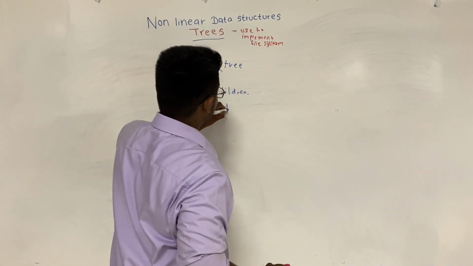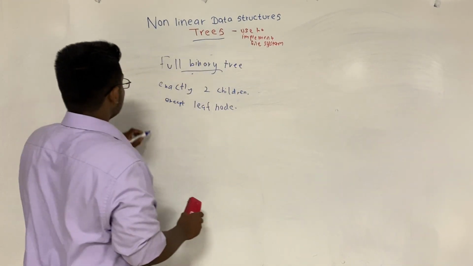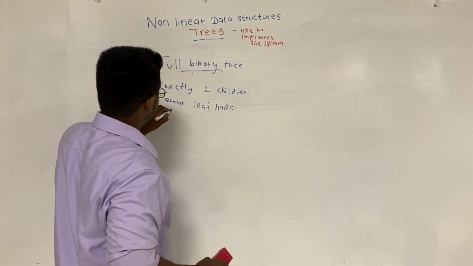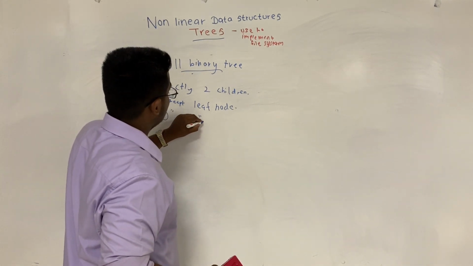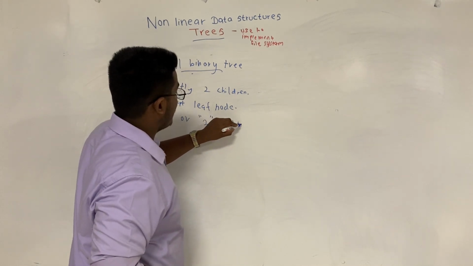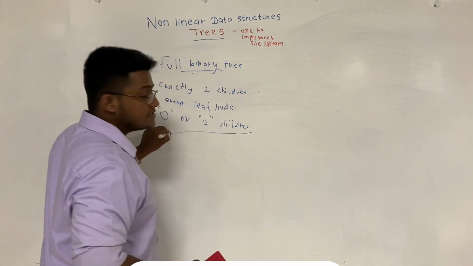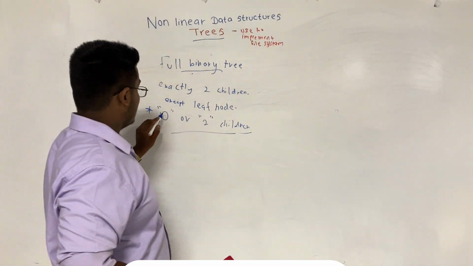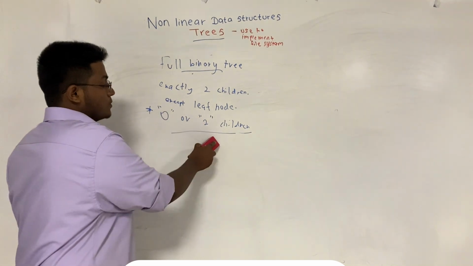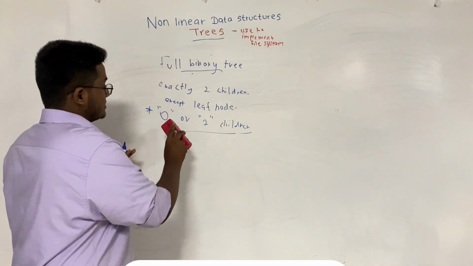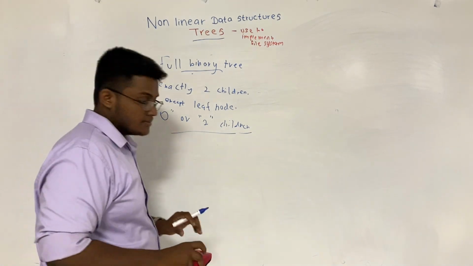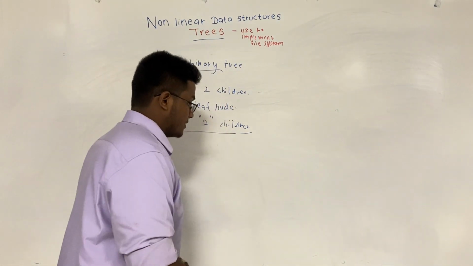Except leaf nodes, 0 or 2 children. This is a must, right? There can be 0 or 2, no more than this, okay? 1 also is incorrect, right? This is the full binary tree.